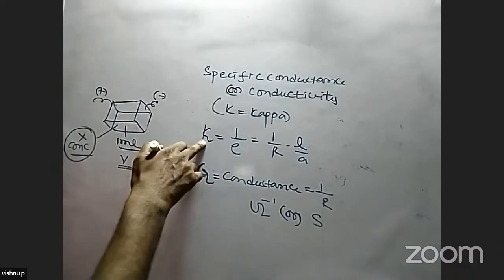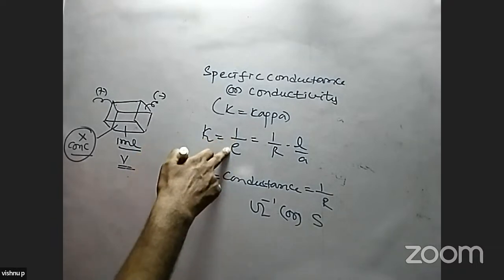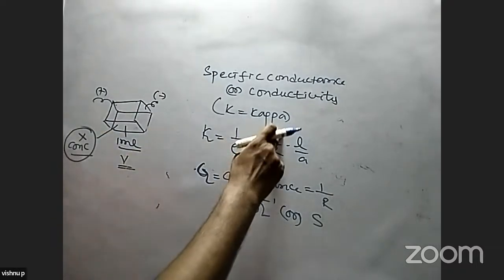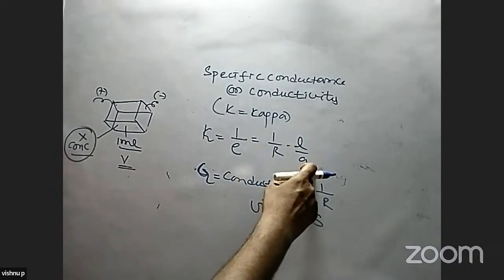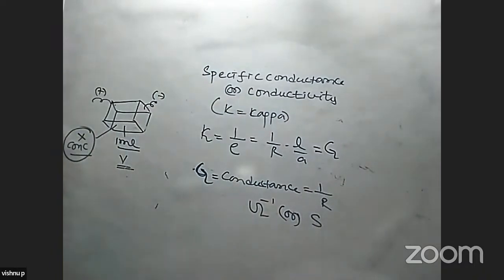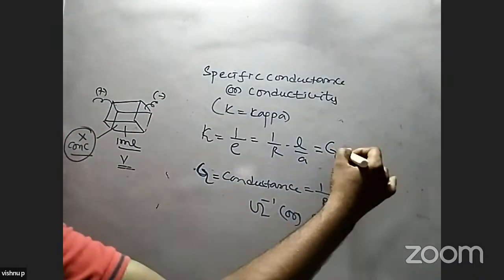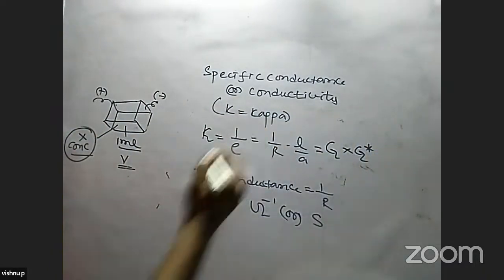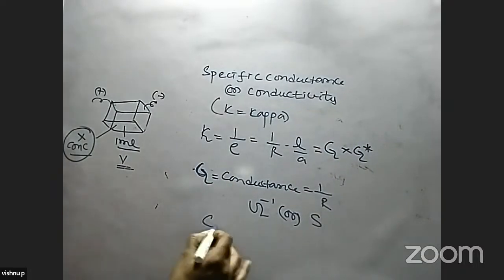G is the conductance, and this kappa is conductivity, or specific conductance, equal to 1 by rho. 1 by rho is equal to 1 by R into L by A, and 1 by R is called conductance. L by A is called the cell constant, indicated by G star.